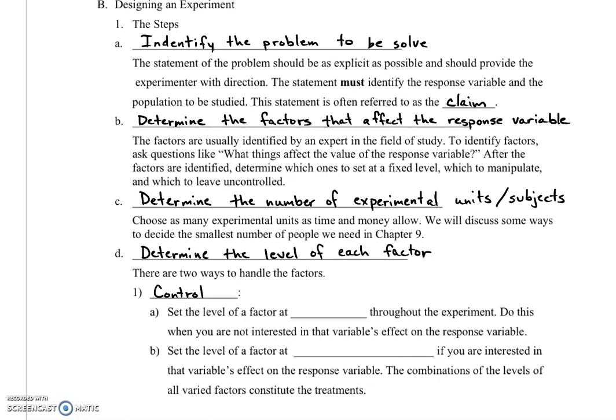And in control, we set the level of a factor at one single value throughout the experiment, and we never change it. You do that when you're not interested in that variable's effect on the response variable, but you know that it does have an effect. So if you set it at one value, then everybody has that level of that factor, and you won't notice it affecting the response variable.